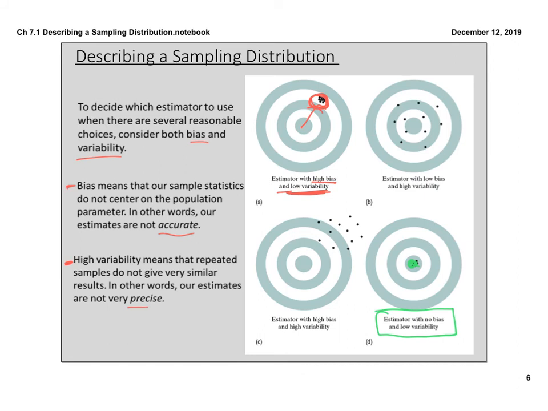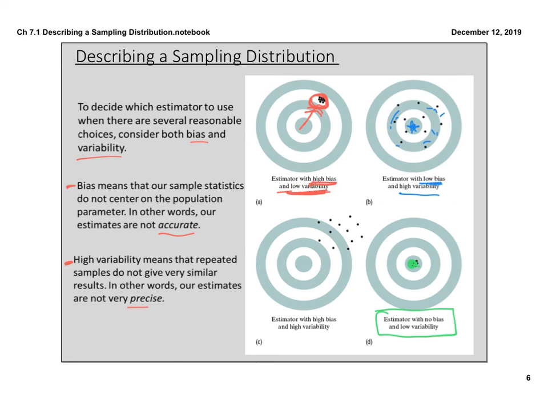Your statistics are precise, but high bias means that you are not near the population parameter at all. You can also have an estimator that has a low bias, meaning they're all close to the center. Here's your center. They're kind of close, not awesome, but kind of close, but they have high variability. So they're kind of all over the place. So that's not helpful either.